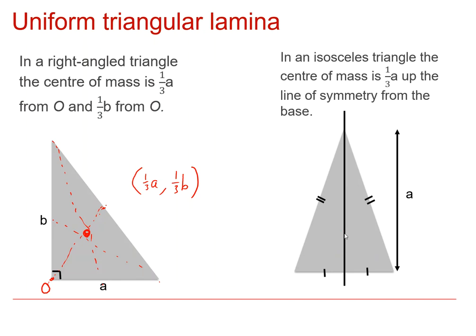In fact, it would be 1/3 of the way up any triangle, so it's definitely the case here that it's 1/3 of the way up here, so 1/3 A. So if we again call that distance B, then the coordinates of that centre of mass are going to be 1/2 B, because that's where that line of symmetry is, and 1/3 of A.